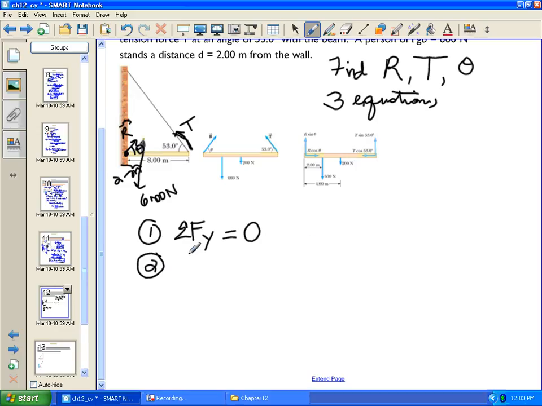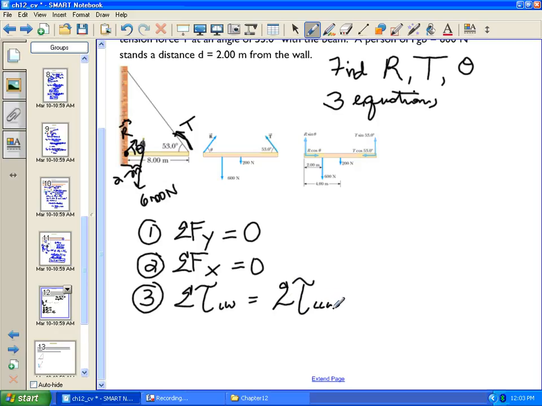Let another equation come from setting all the x components equal to 0. And let the third equation be the expression that relates all the torques that would produce a clockwise rotation and sets them equal to all the torques that would produce a counterclockwise rotation. These 3 equations will allow us to solve for the 3 unknowns.